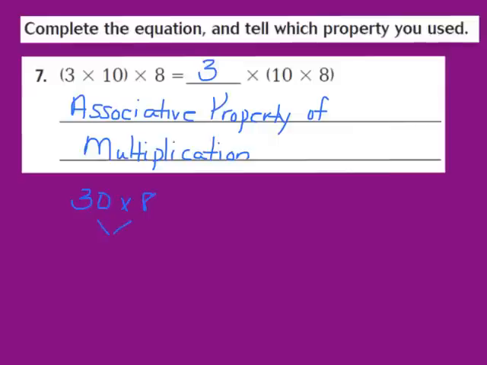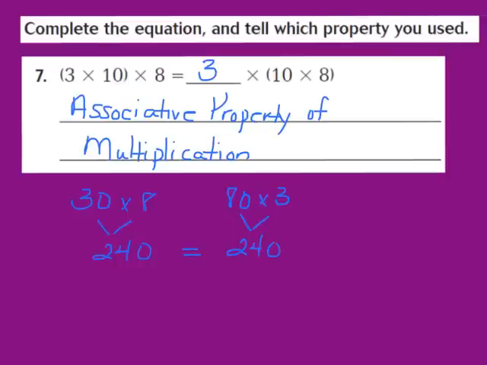When I multiply 30 times 8, that takes me to 240. Now on the other side of the equation, I see in parentheses 10 times 8. When I multiply 10 times 8, that's going to give me 80. So I'm going to write down the 80, and I know that I have to multiply that by the 3. When I multiply 3 times 80, that also takes me to 240.